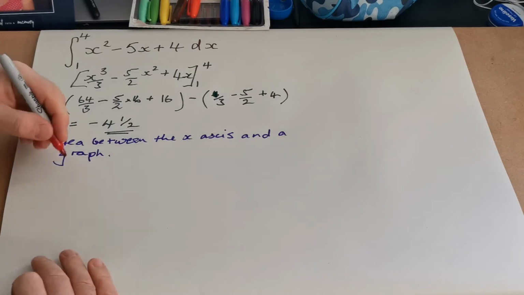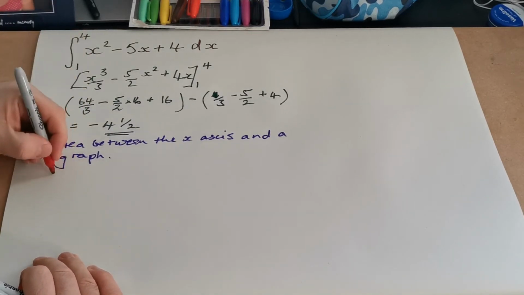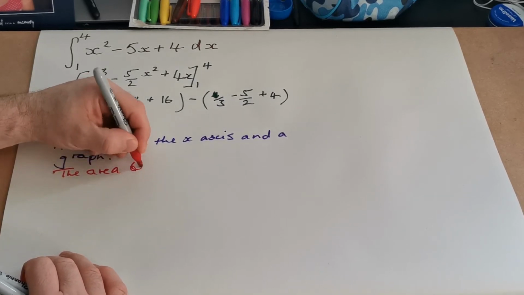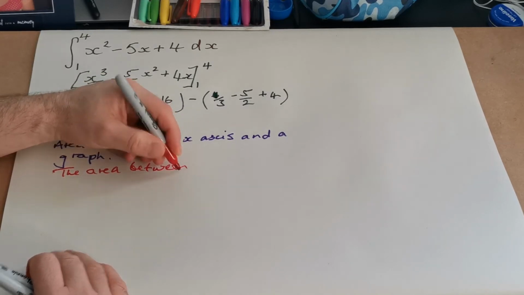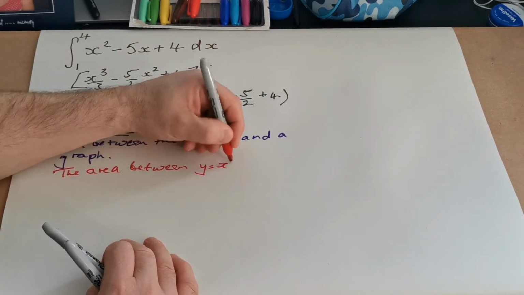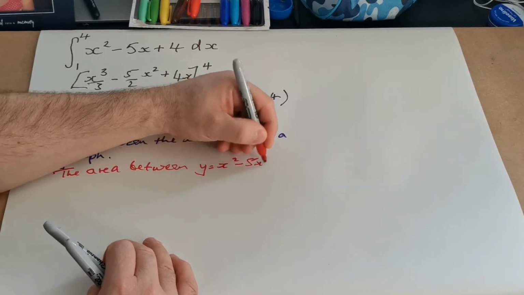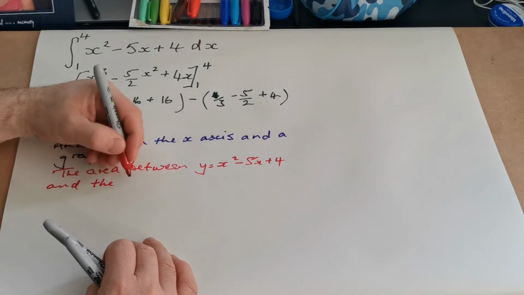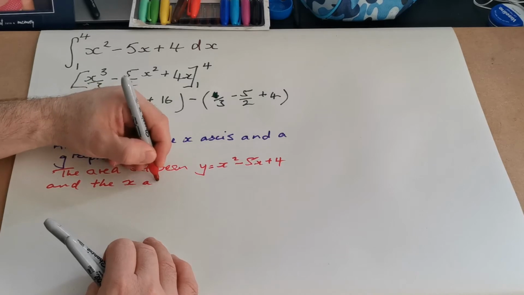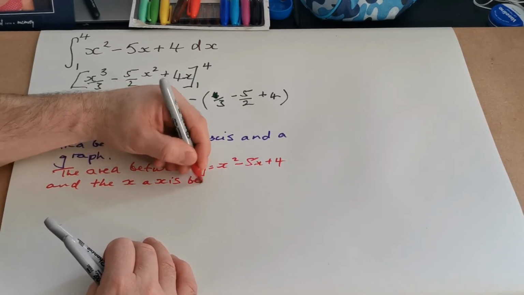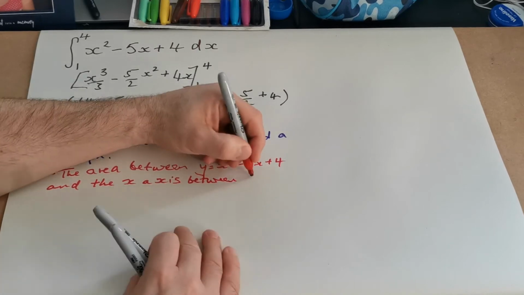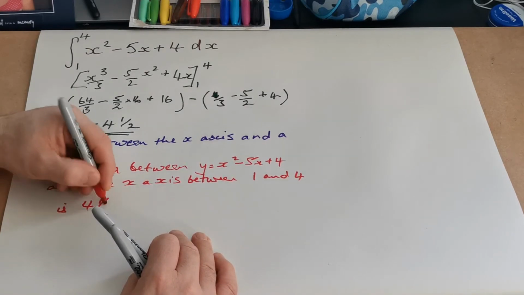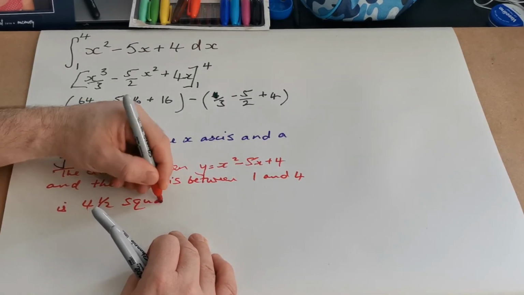So the answer to this, the area between y equals x squared minus 5x plus 4 and the x-axis, and again use the word between, 1 and 4, is 4.5 square units.